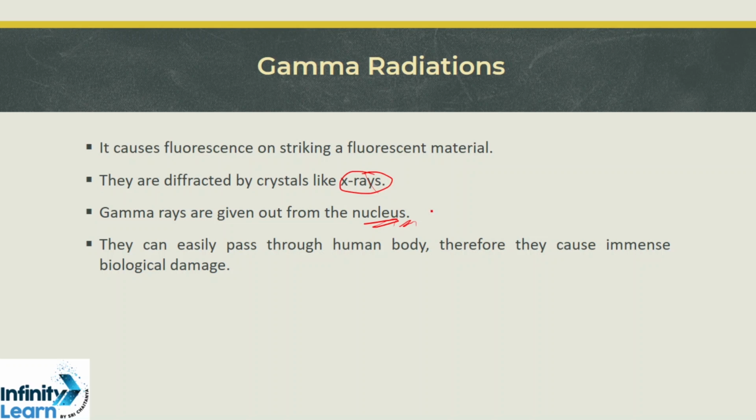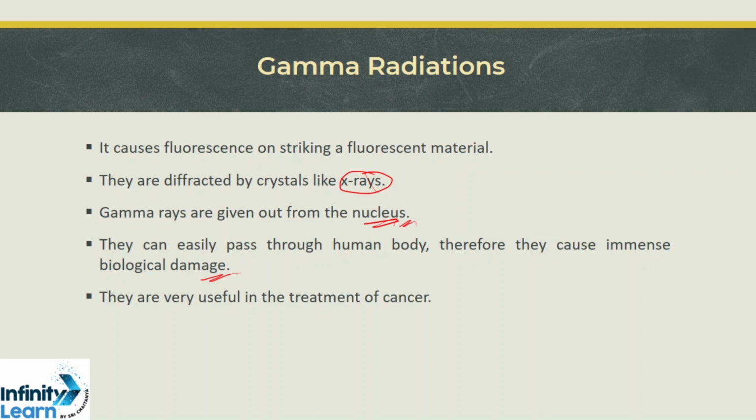Next, as gamma radiations have higher penetrating power, they can easily pass through the human body and cause immense biological damage. Now this can also be used to our advantage to treat cancer. Out of all three that we have studied up till now, gamma is the most energetic. Therefore they have smaller collisions with the atoms of the medium. It does not lose energy.